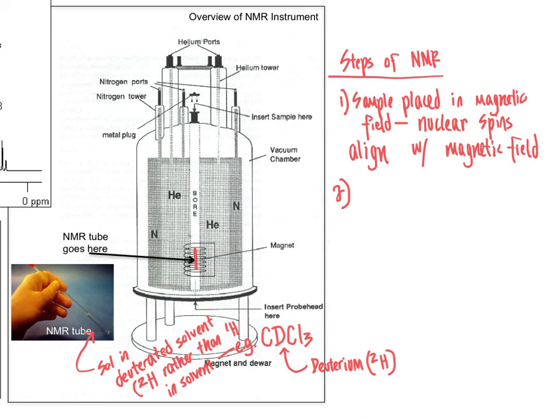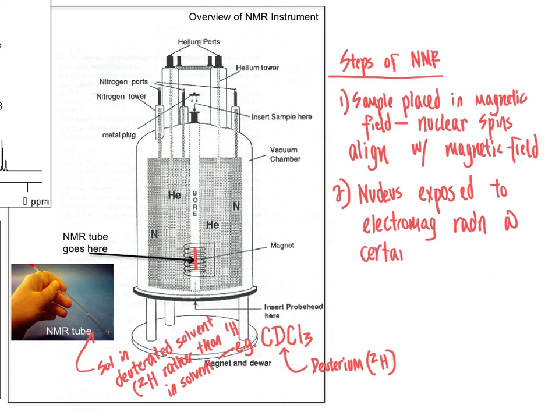So let's go ahead and write down part 2 here in words on paper. And that is that when the nucleus is exposed to the electromagnetic radiation at a certain frequency, energy will be absorbed and the nuclear spin flips.